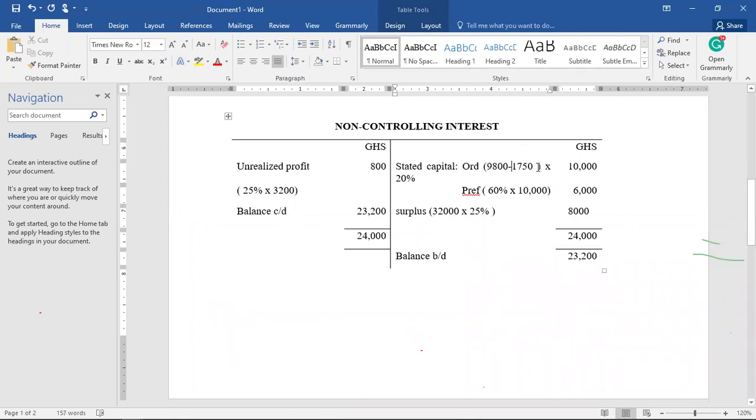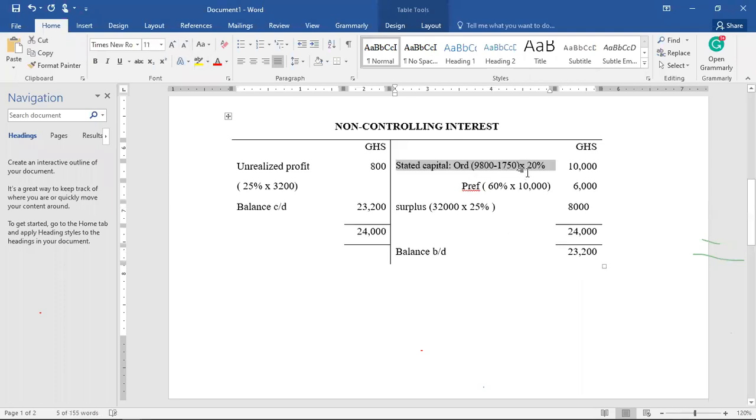How much are you getting? $1,610. How much? 1,610. Okay.